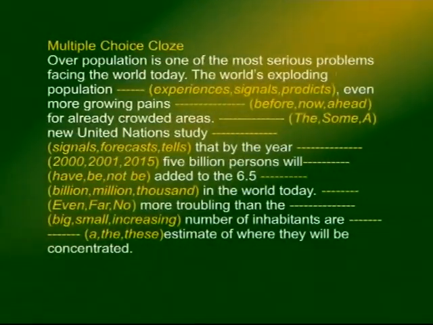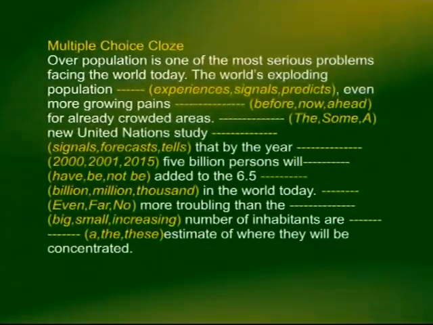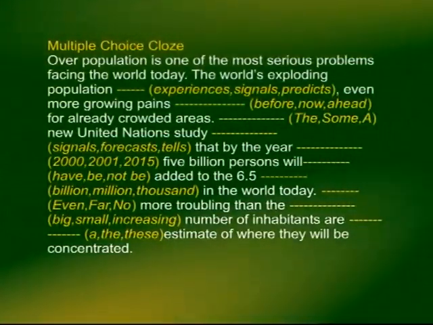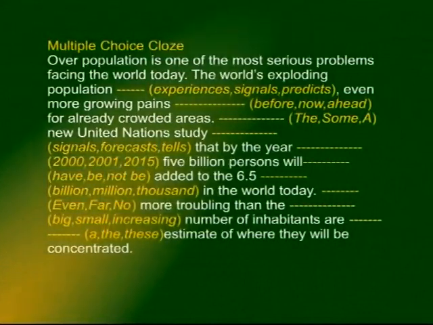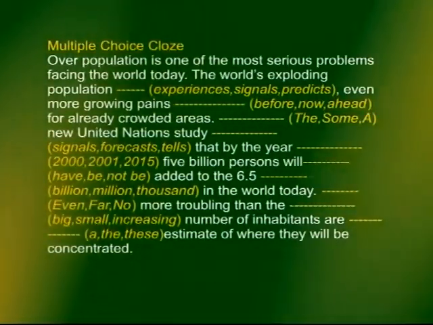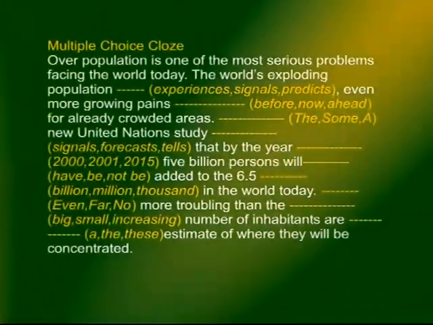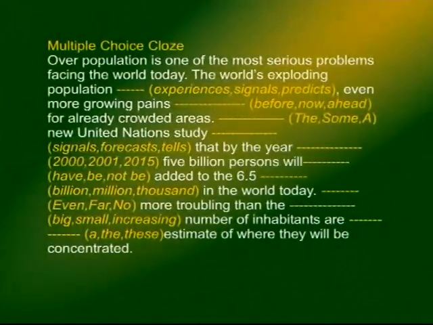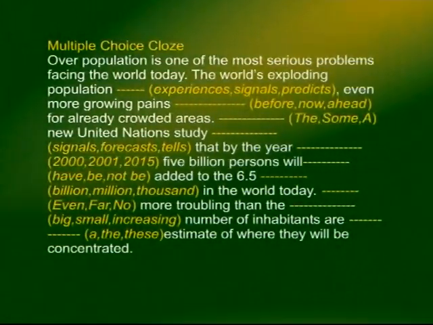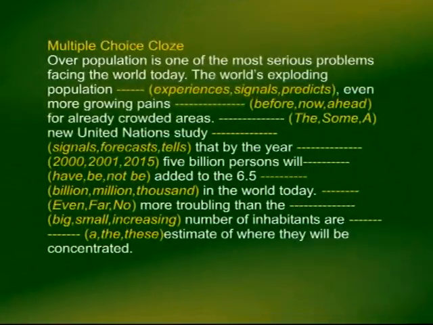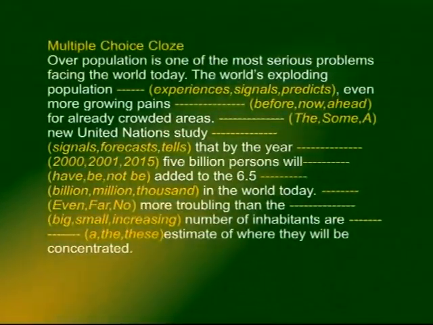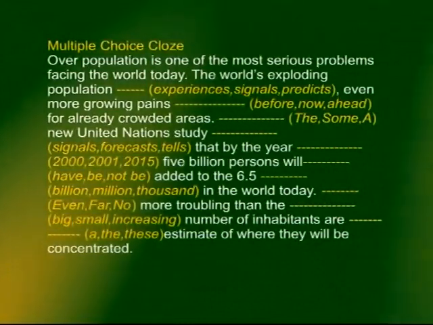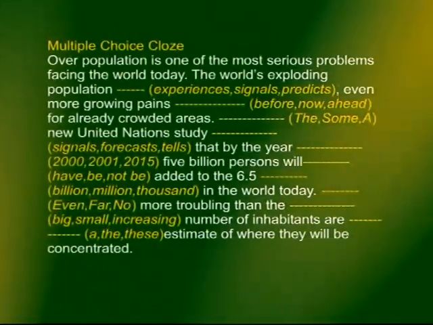And again, look at the next sentence. It begins with a word. It's the beginning of the sentence, and you've got 3 choices: even, far, no. So you can't have the word no. So it has to be either even or far.